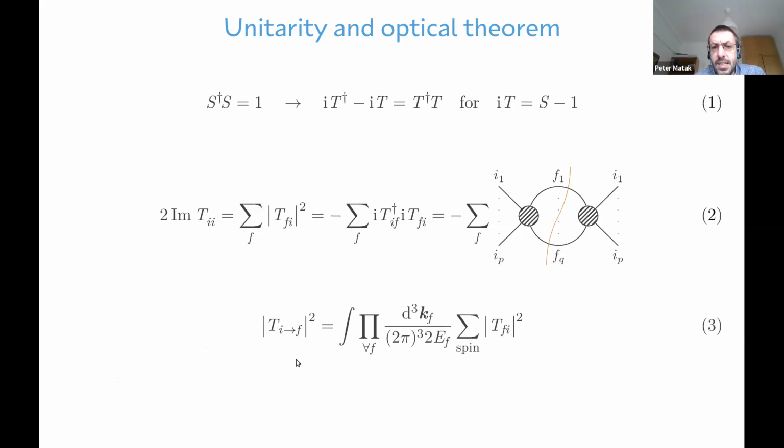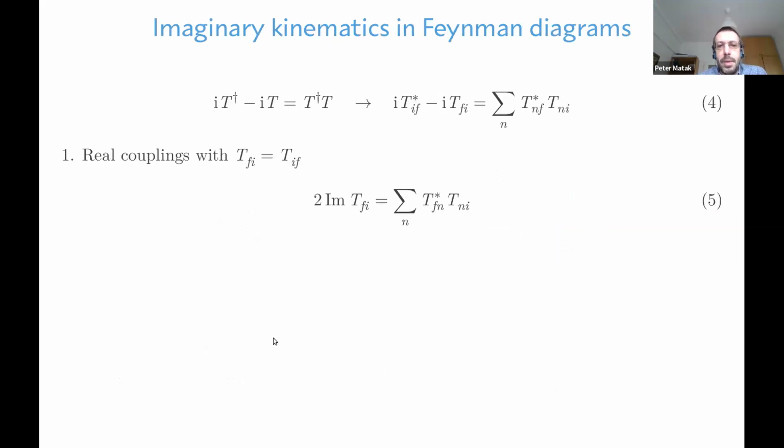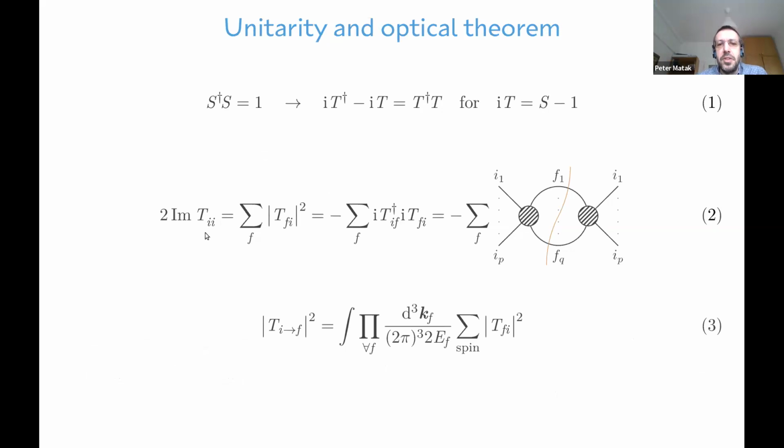Sometimes I integrate over the final state, and then I will use the notation that it is not a matrix element, but simply the squared amplitude from I to F. The observation from unitarity is that a forward scattering amplitude can develop an imaginary part in the kinematics.